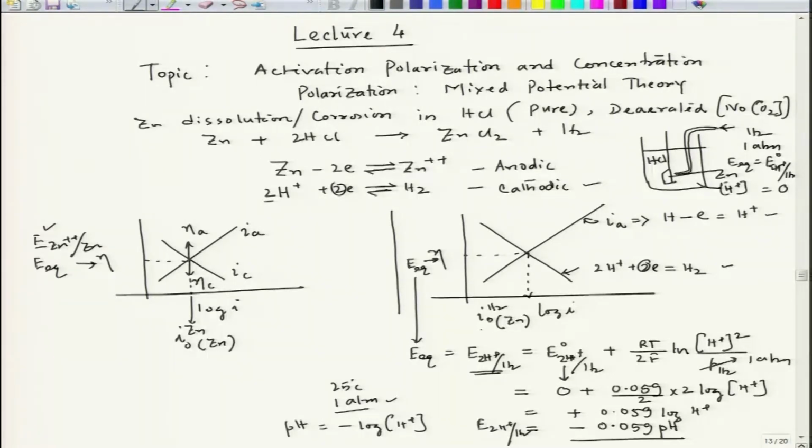So, that hydrogen evolution exchange current density we have to write with respect to the zinc electrode, which is why we take the subscript zinc in brackets. Now, these two situations arise if we have separate processes, like zinc dipped in zinc containing solution, and a hydrogen electrode like this.